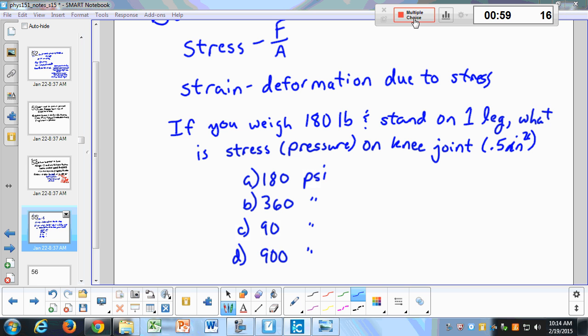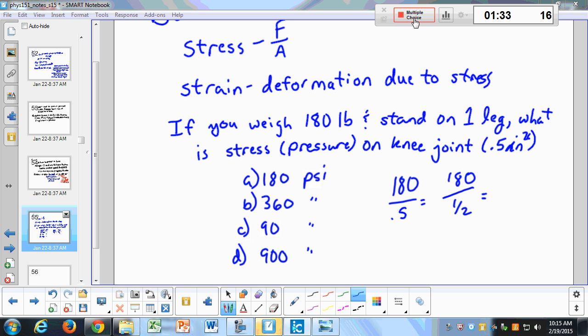But if you're doing this calculation, what is it? 180 over a half, right? 180 over 0.5, which is the same as 180 over 1 divided by 2. What does that equal to? A half will go in 180 how many times? 360, right?